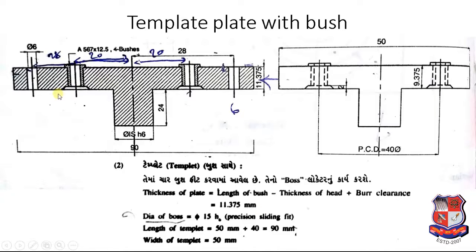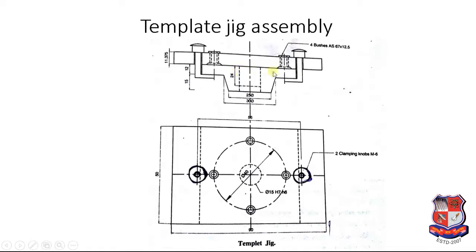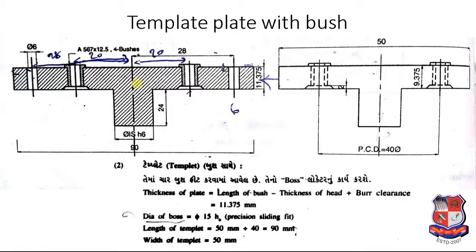Length of template plate equal to length of component plus the head diameter of 2 clamping knobs and plus 10 mm clearance on both sides. So 50 mm is the length of component and plus 40 mm clearance is provided to accommodate clamping knob.